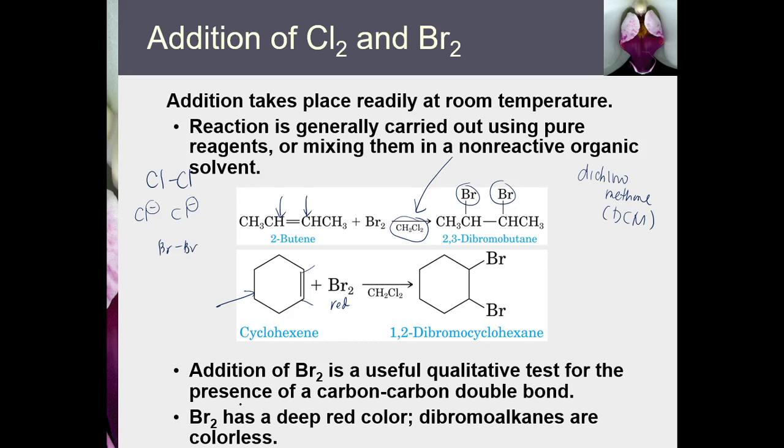Okay? So addition of Br2 is a useful qualitative test for the presence of a carbon-carbon double bond, since Br2 has a deep red color and the dibromoalkanes are colorless.